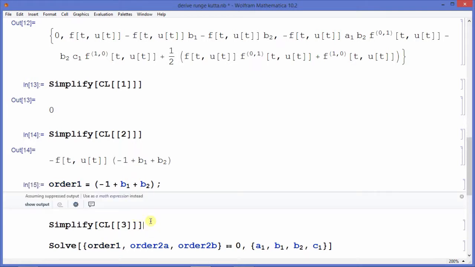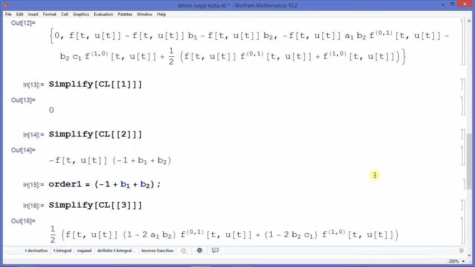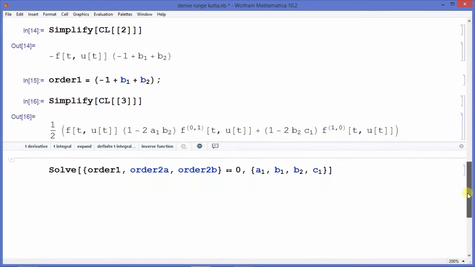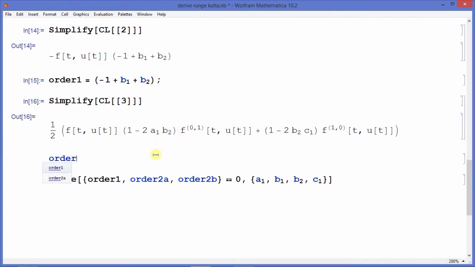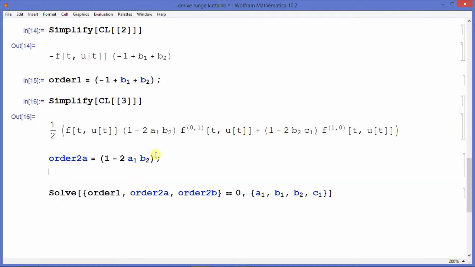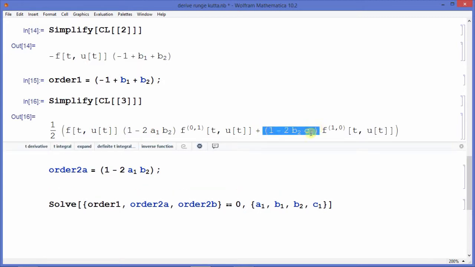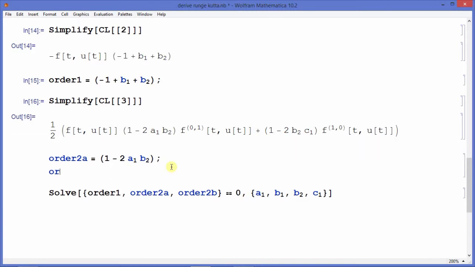And then we'll look at the h squared term. There's a lot there, but really, if I set this equal to 0, that gets rid of the first term. So I'll call that order 2a. And if I set this one equal to 0, I get rid of the last term, regardless of what f is. And I'll call that order 2b.